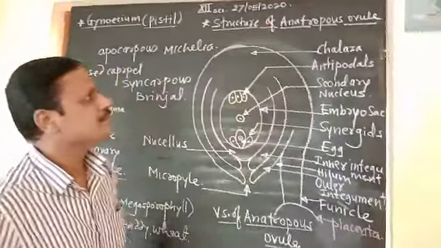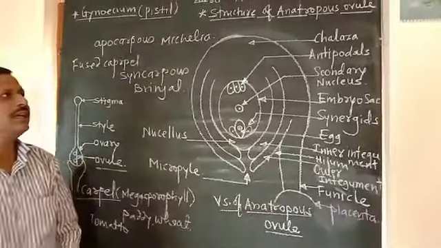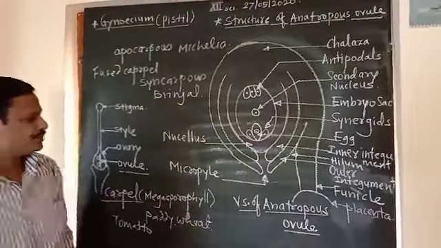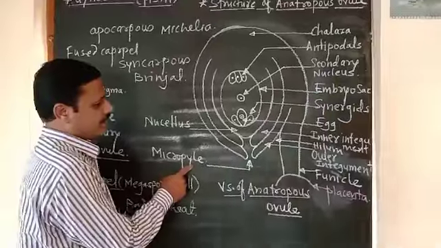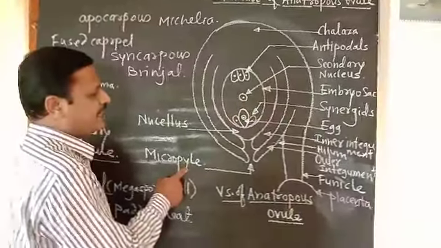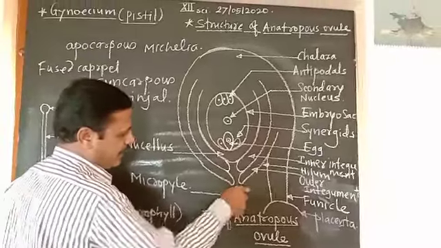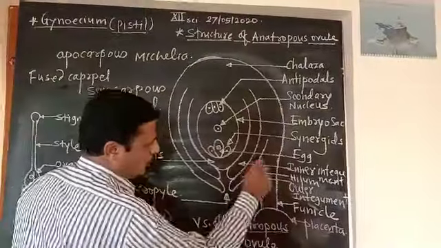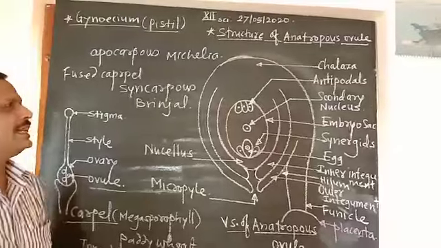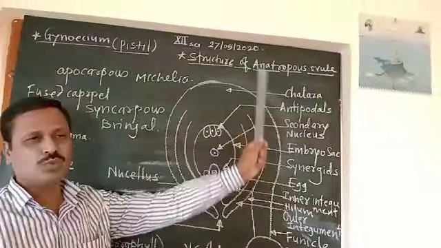Listen again. The ovule in which the micropyle is directed downward and lies very close to the funicle is called anatropous ovule.